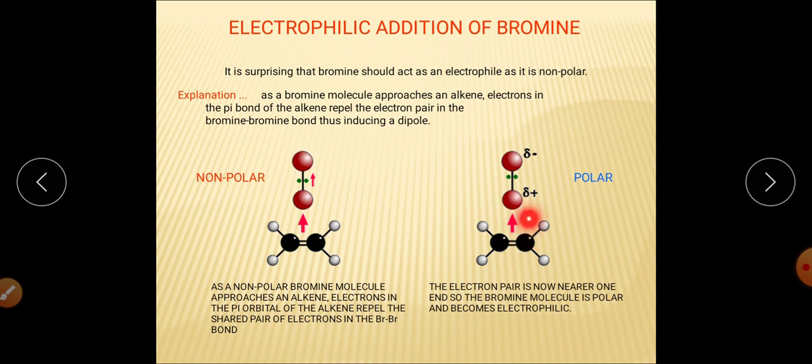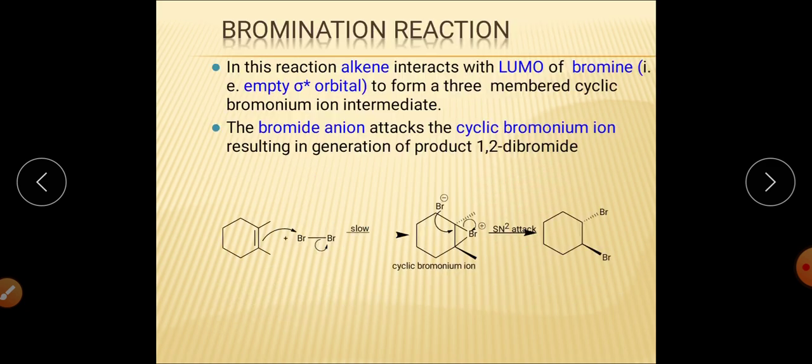Now there is a reaction between the electrons present in the carbon-carbon multiple bond and this positive end, and it leads to the formation of a cyclic intermediate.